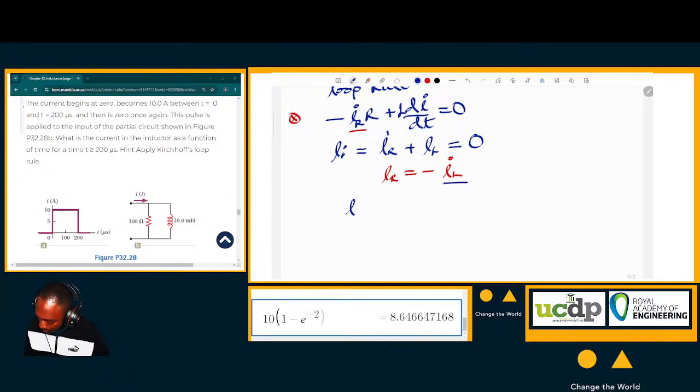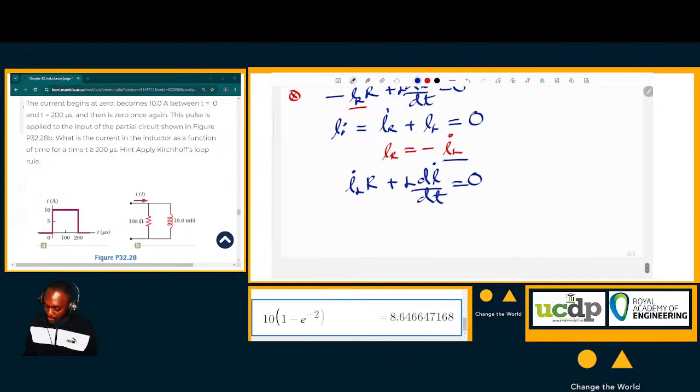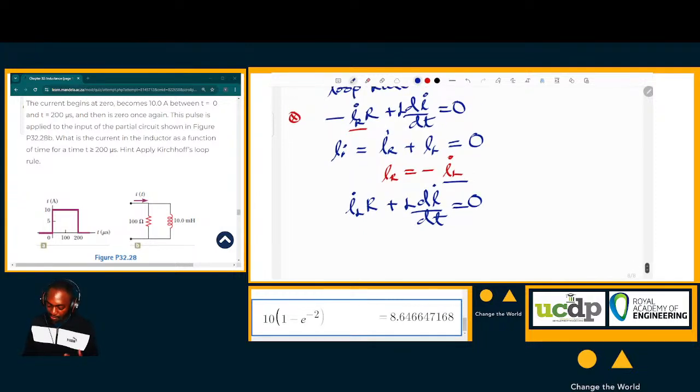That becomes IL R plus L dI over dt equals 0. We do exactly the same thing that we did earlier on by integrating. So that becomes L dI over dt equals negative IL R.